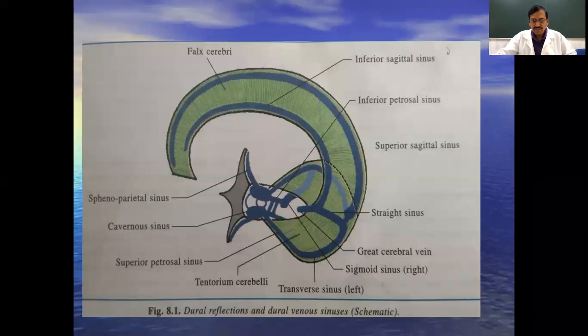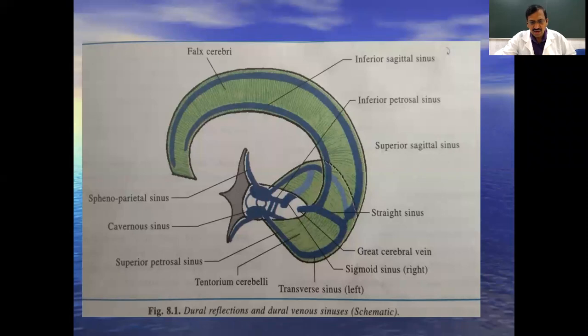This is the schematic representation of the dural folds, and this part is called the falx cerebri. It lies in the longitudinal fissure, in between the two hemispheres of the brain, related to the two medial surfaces of the cerebral hemispheres.